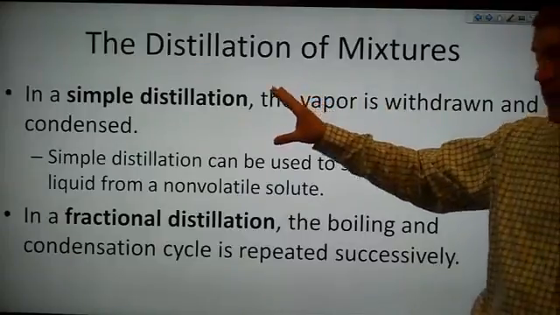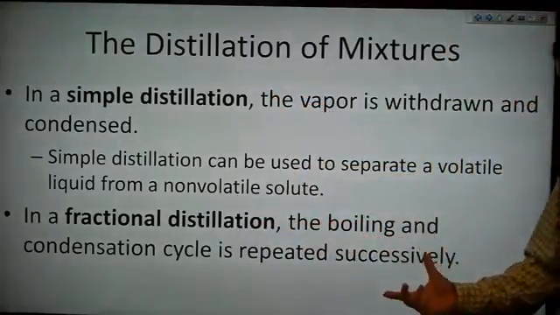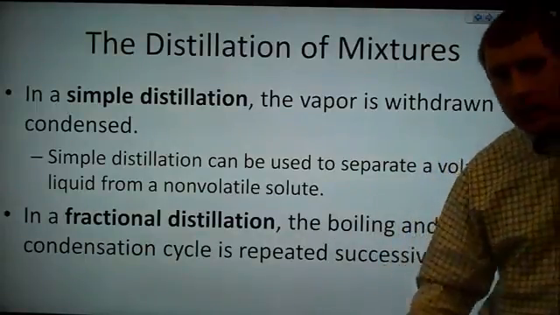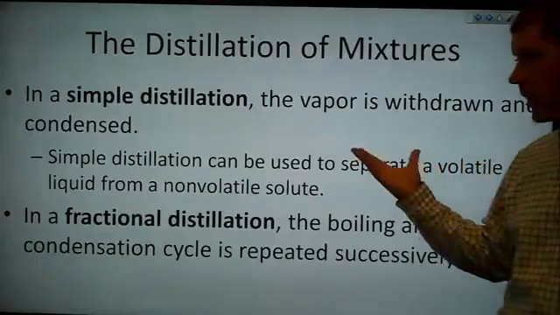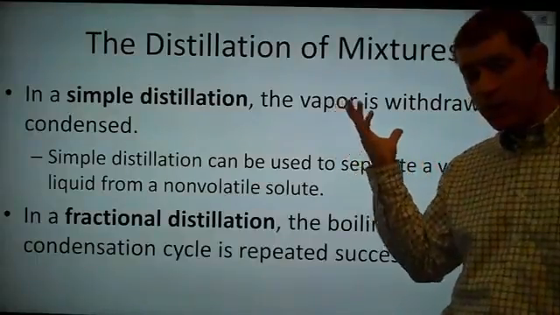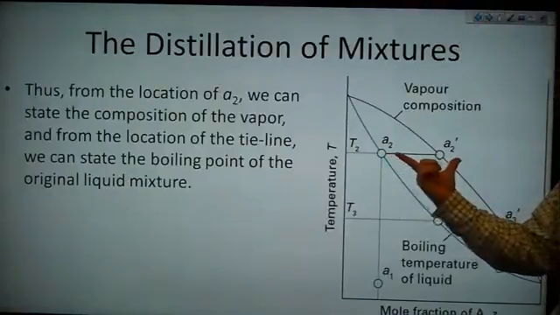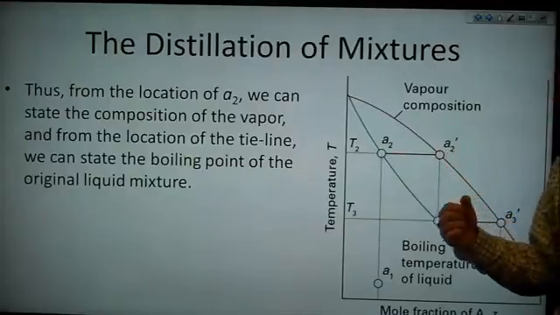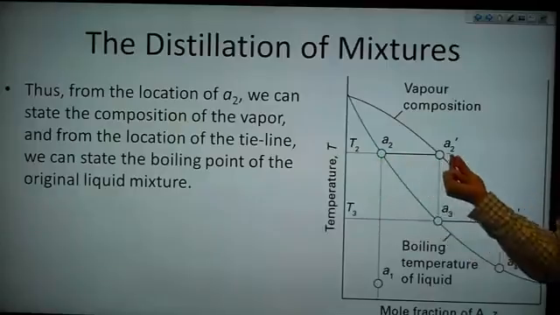So that's simple distillation. However, in fractional distillation, the boiling and condensation is repeated successively. We do this again and again to get a more pure product or a larger change in our composition. If we have a case like this, where both of our components have significant vapor pressure, we've only enriched our vapor some amount.